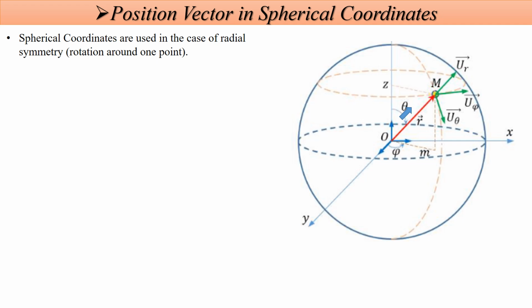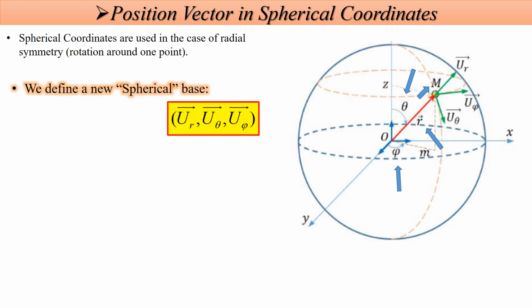Spherical coordinates. The position of a point M is described using three parameters: the radial distance from a chosen reference point, usually the origin, the polar angle from the reference axis, usually the z-axis, and the azimuthal angle from a reference direction in the reference plane.